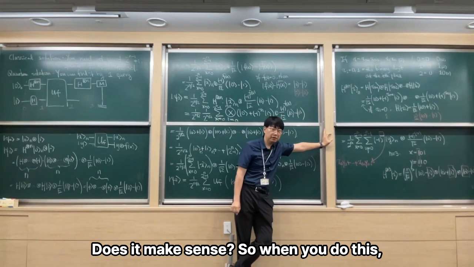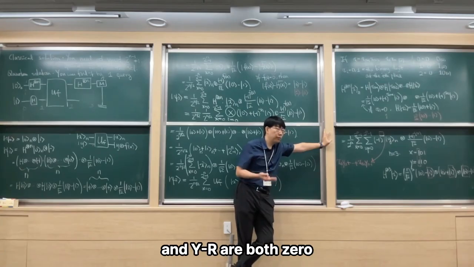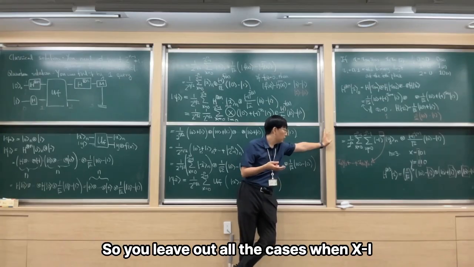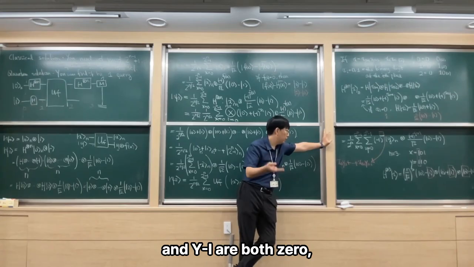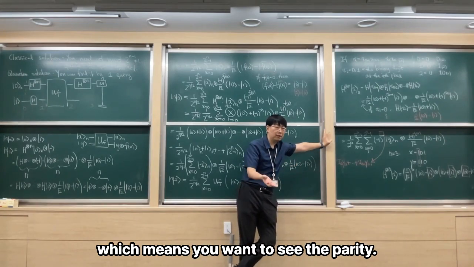Let me write it bigger. Does it make sense? So when you do this, everything except when x_i and y_i are both 1 will vanish, because one of them should be 0. So you leave out all the cases when x_i and y_i are not both 1, and then you add them together, which means you want to see the parity.